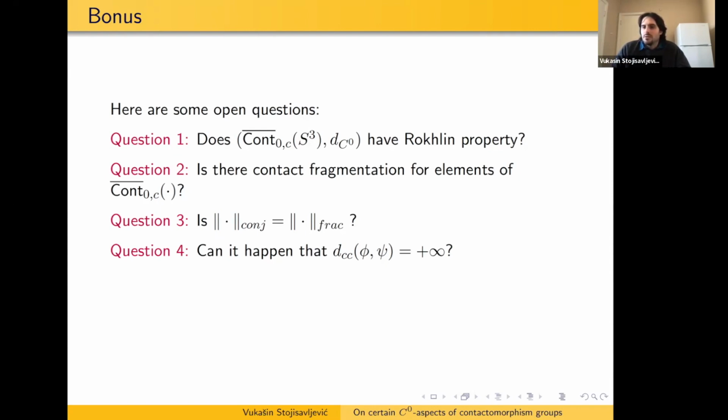Okay, so I don't know the actual origins of this notion. I learned it from a paper of Leroux, Seyfaddini, and Viterbo. So they have a paper which is studying this notion, and the notion is that two elements are weakly conjugation equivalent if any continuous conjugation invariant map from the group to some Hausdorff space coincides on these two elements.